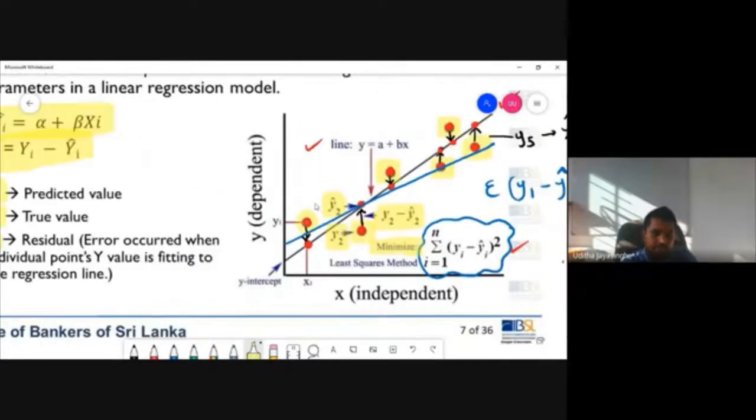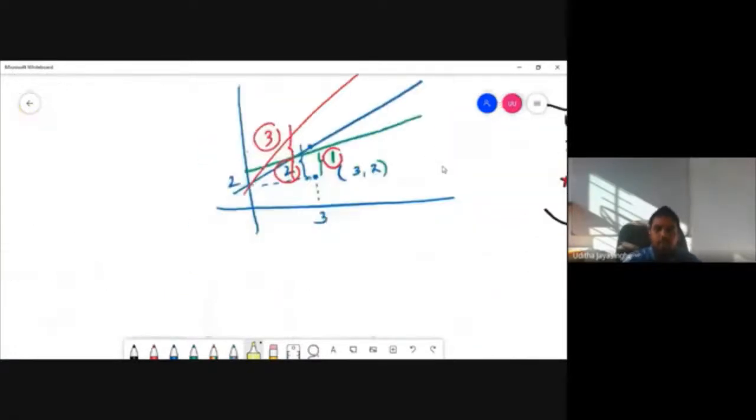Let's say for the blue line, this sigma of epsilon value comes as 2.3. For the green line, the epsilon value is, let's say, 1.6. Which one I am going to be happy with is obviously the green one.